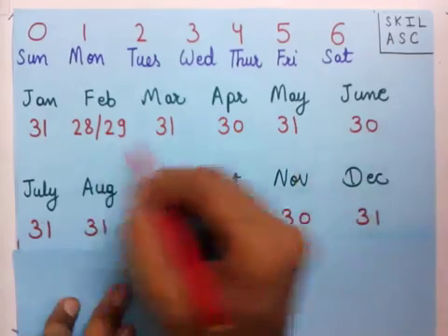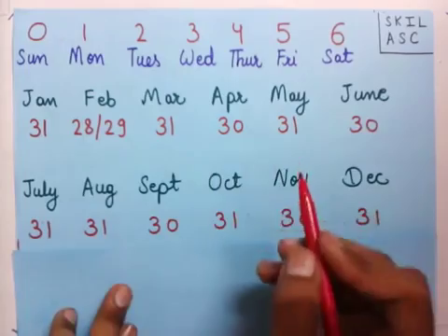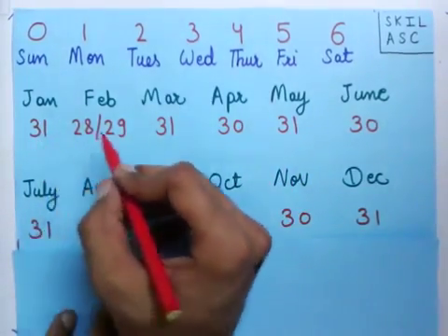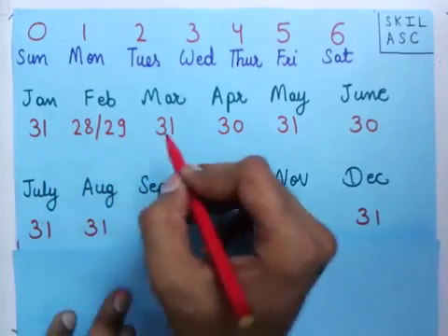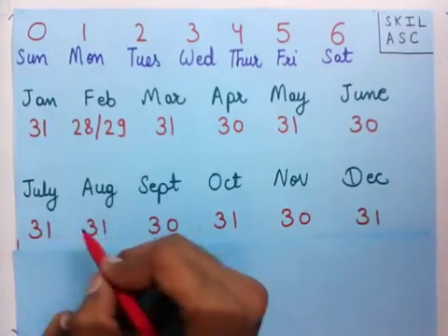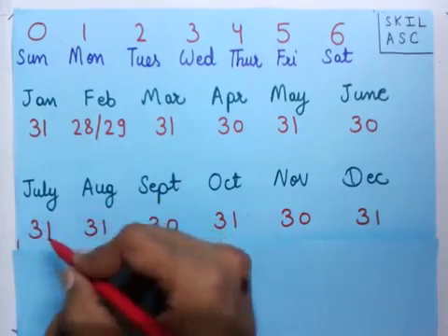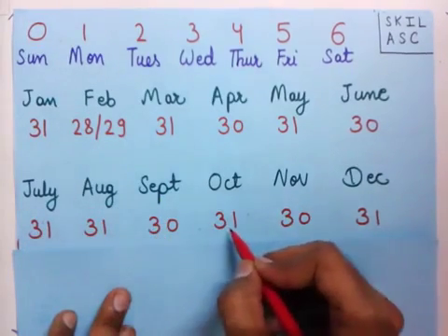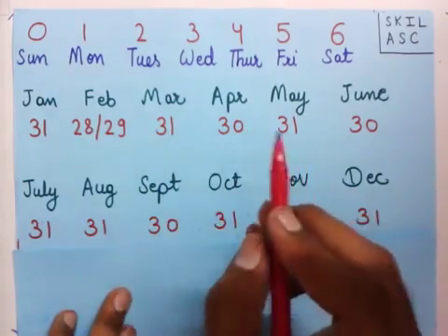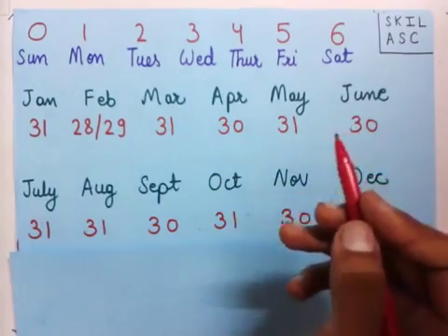Now an easy way to remember all these days is to go in an alternating way. First remember 31, then 30, then again 31, then 30, then 31, then 30, then 31. Then in July and August you must repeat 31, and then again 30, 31, 30, 31. So you only need to do 31 and then 30, 31 and then 30.